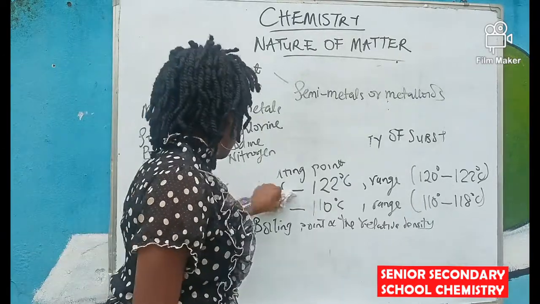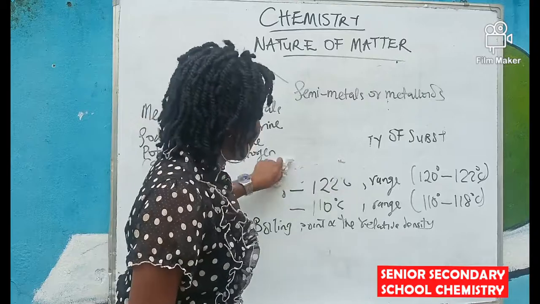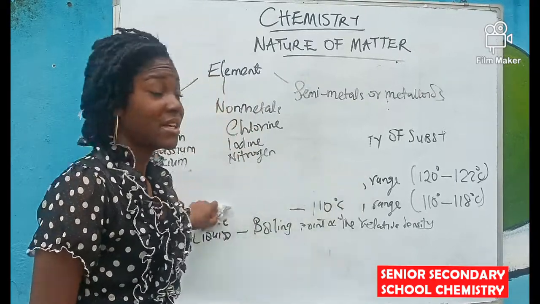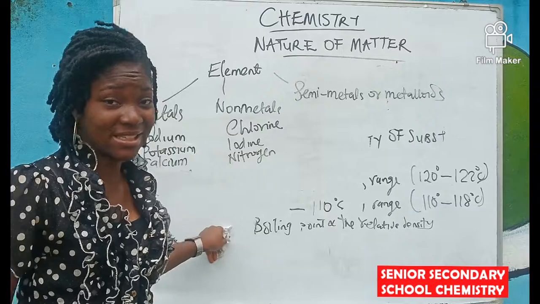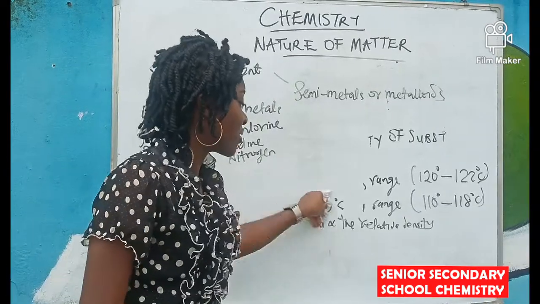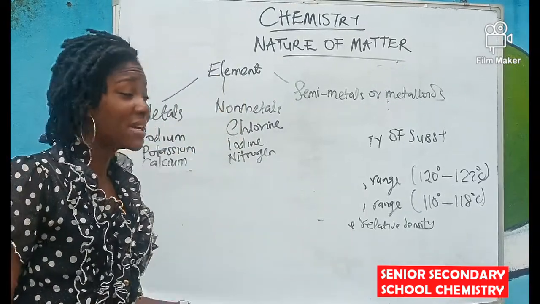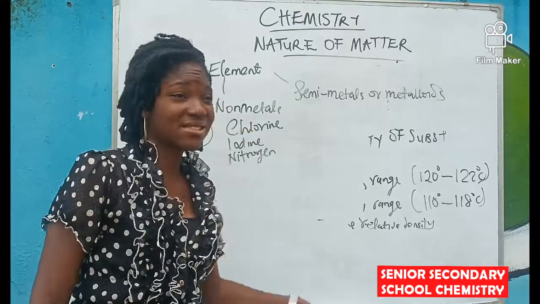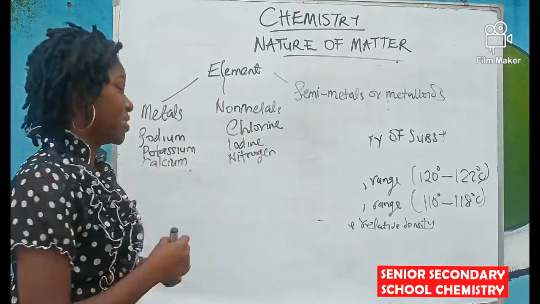For metals, like I said earlier, metals are reducing agents, meaning that they ionize by loss of electron to form cations. Thus, they undergo oxidation.